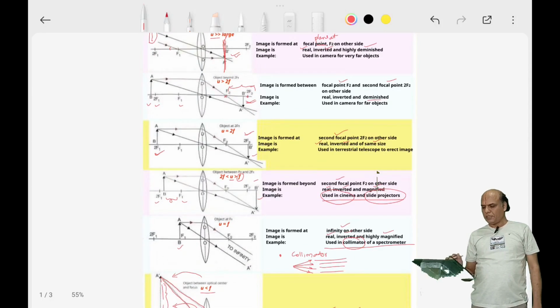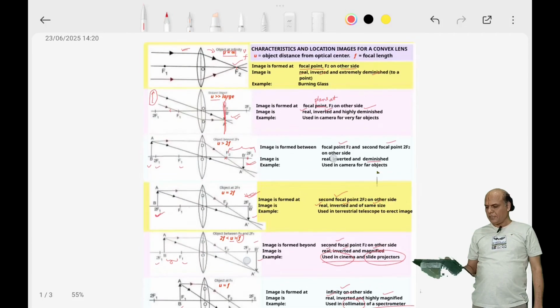Now if you move the object to the second focal point, that is to f1, the image is formed again on the other side of the lens at the second focal point. Here the image is real, inverted, and of the same size as the object.